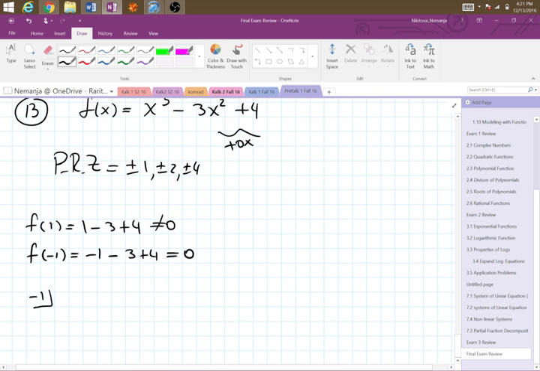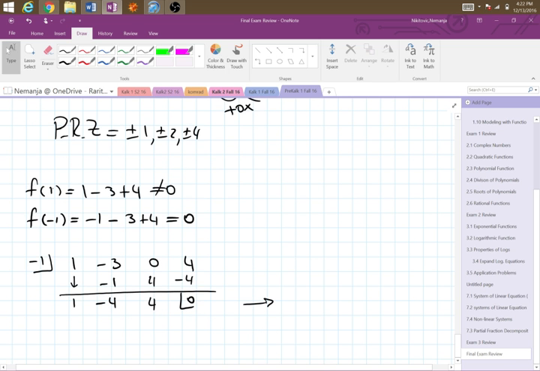Negative 1 is going to be 1, negative 3, 0, and 4. Drop down 1. It's negative 1, it's negative 4. It's a positive 4, adds to a 4. And then it's a negative 4 gives a 0. So we know that x equals negative 1 is a root.